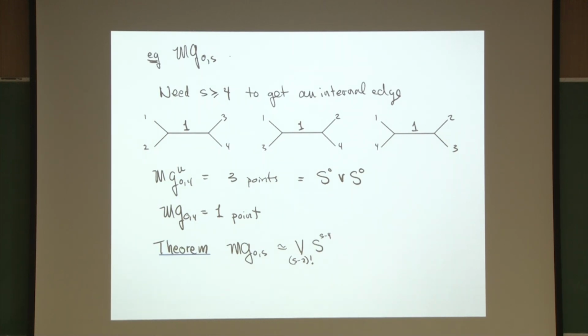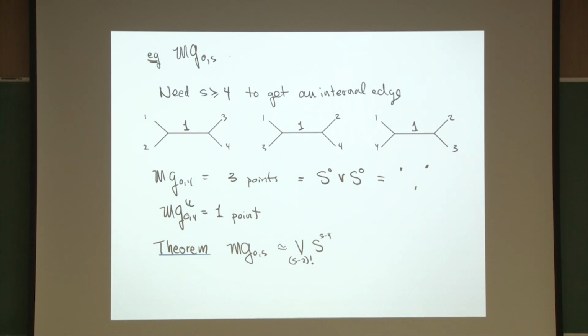I like to think of that as 1, 2, 3. That's an S0 wedged with an S0. Of course, if I don't label the leaves, then those are all the same graph. So I only have 1 point. If I label the leaves, I get 3 points. If I don't, I get 1 point.